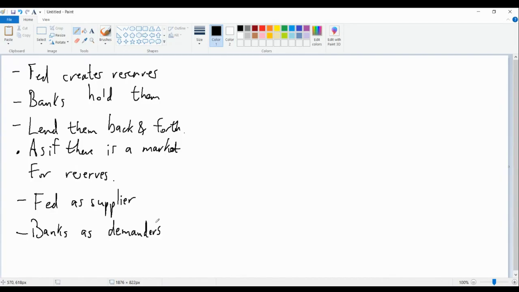That's the picture that's being painted here. The Fed puts out a bunch of reserves that the banks might want, then the banks pass them back and forth to each other by borrowing, lending, buying, selling securities, and so on. And our theory for trying to understand how monetary policy works is going to be exactly this market. So that's our job for Wednesday.